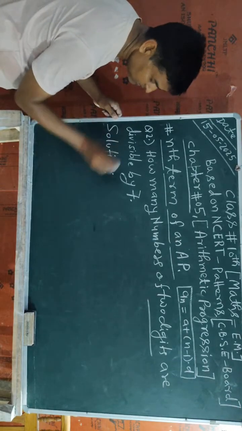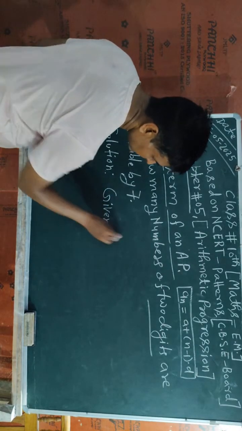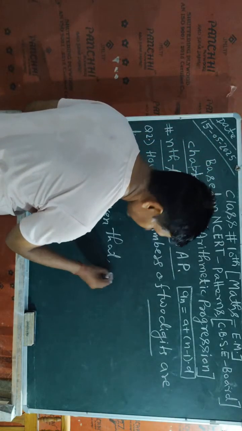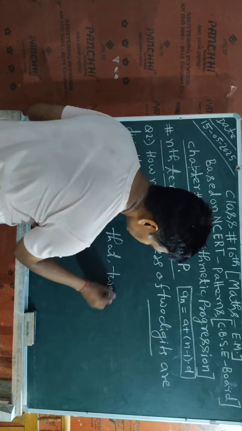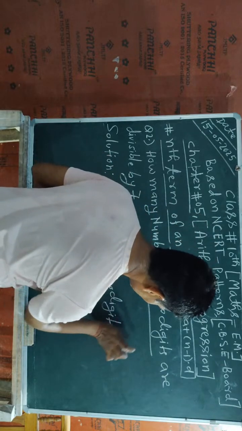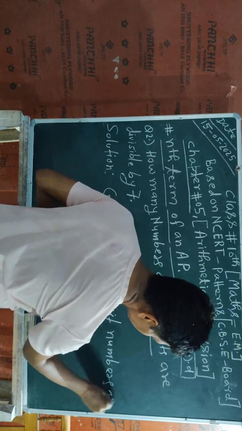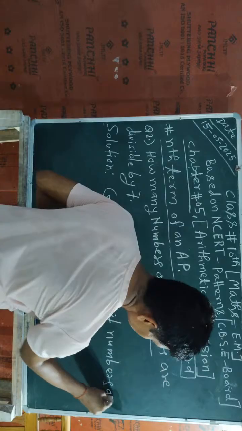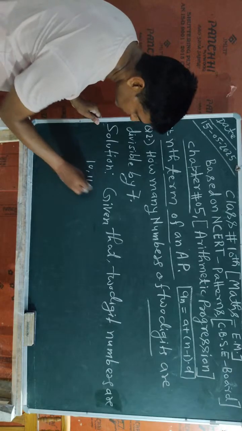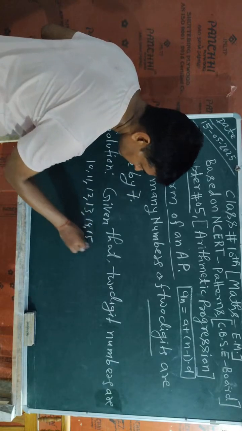Here I will write the information given in the question. Given that we have to write here 2 digit numbers. I have to write the information: 2 digit numbers are 10, 11, 12, 13, 14, 15, and so on.